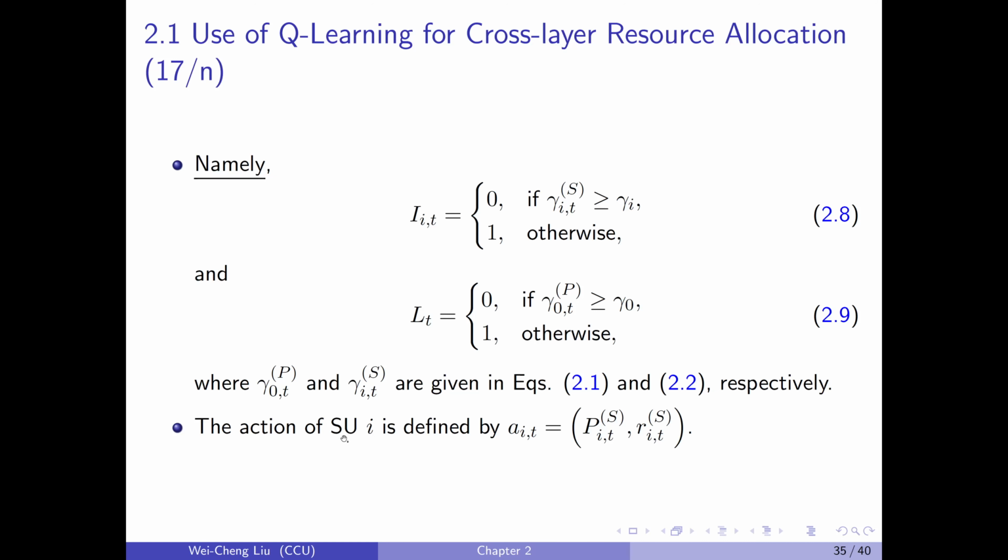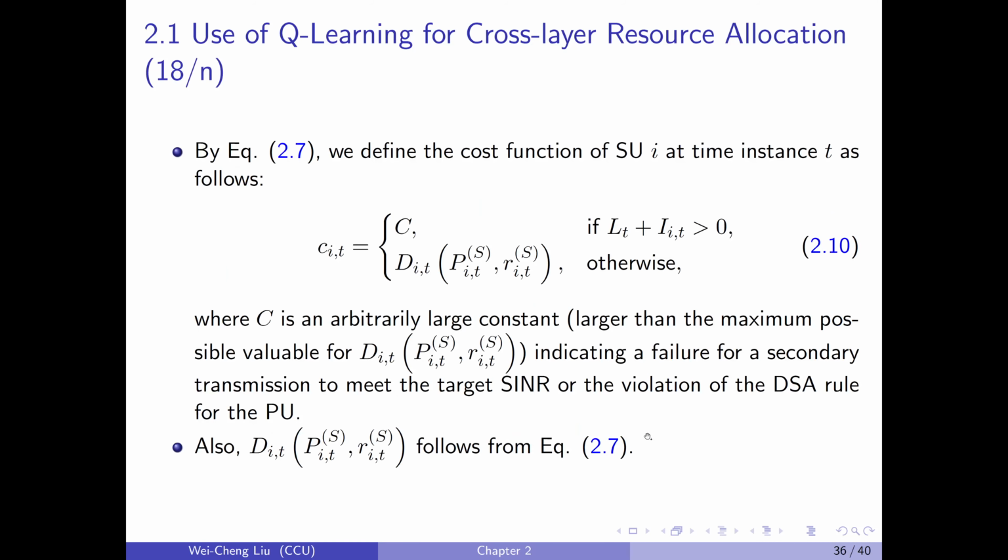The action of secondary user I is defined by a_i^t, that is, the action of secondary user I at time instance t is equal to this pair: P_i^ts, the power level of secondary user I at time instance t, and R_i^ts, the channel coding rate of secondary user I at time instance t.